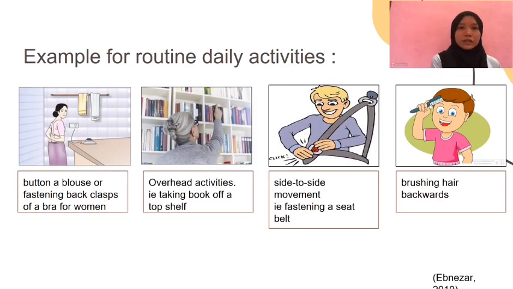Examples of the routine daily activities that are restricted for frozen shoulder patients are: number 1, buttoning a blouse or fastening back clasps of a bra for women. Overhead activities such as taking books off a top shelf, side-to-side movement such as fastening a seat belt, and brushing hair backwards, as it requires an external rotation movement of the shoulder.